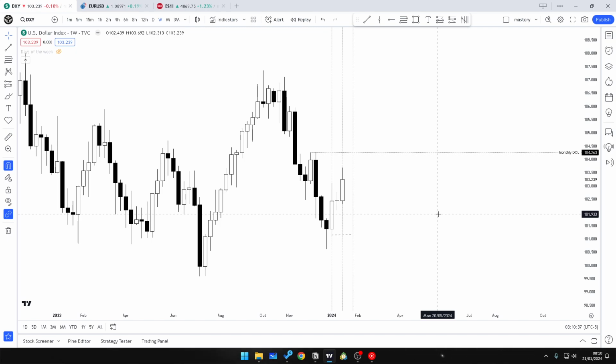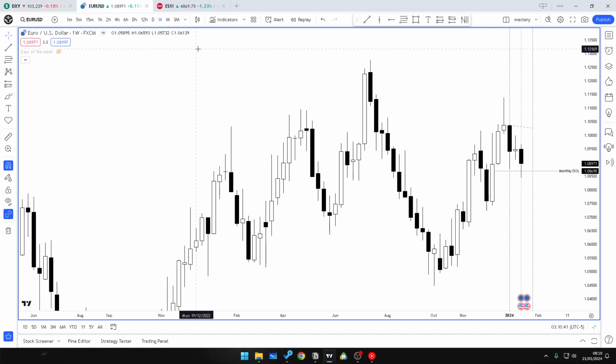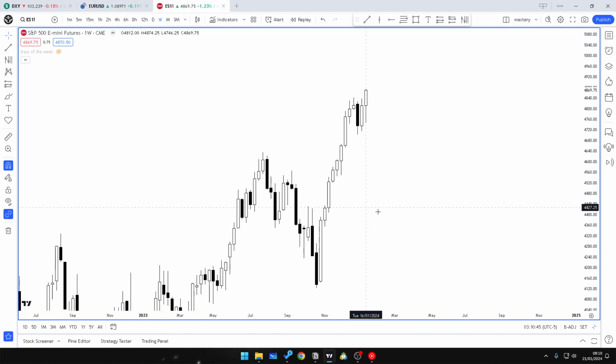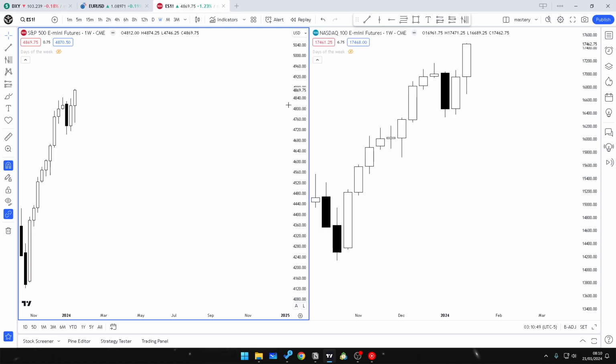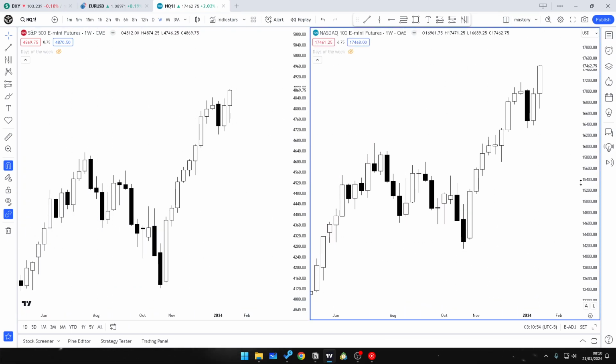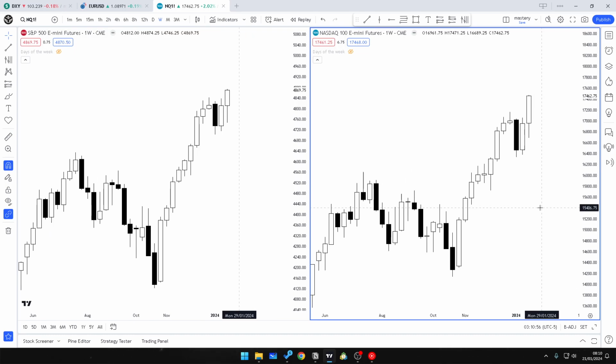So for me, I will start with DXY, then go into EU and GU like always, and I will also mention ES and NQ, which will be a good study of price, even though I'm not mainly focusing on these markets right now.